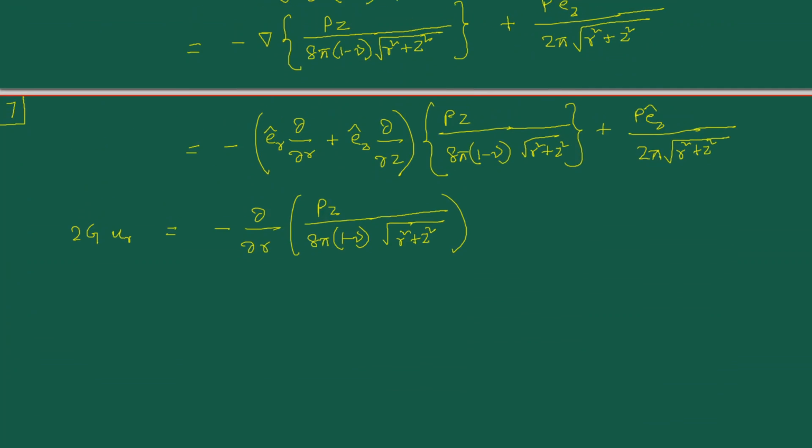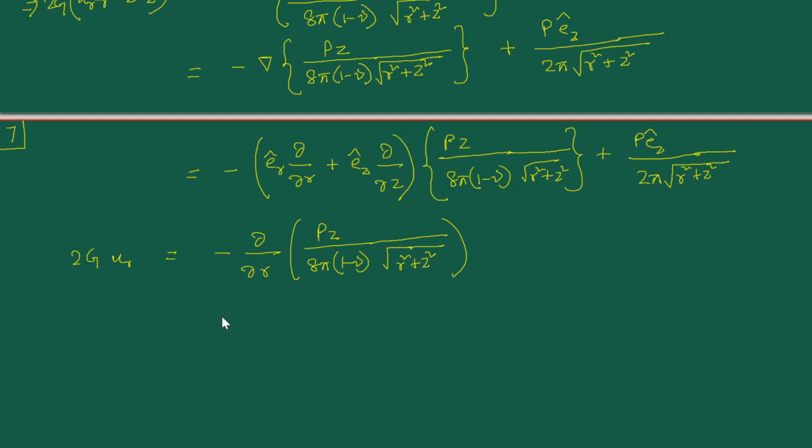Separately, the uz will be minus del z of this Pz divided by 8 pi into 1 minus nu into r square plus z square, plus this entire term plus P divided by twice pi into r square plus z square. Sorry about the clutter here.